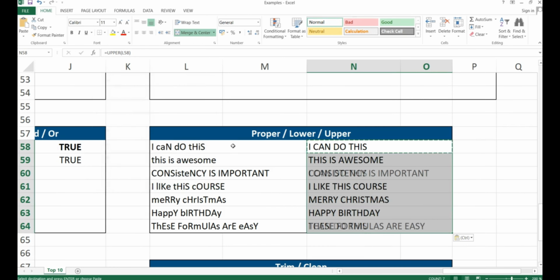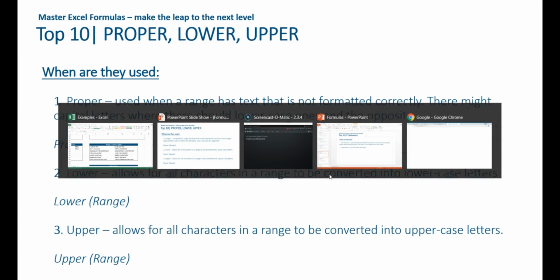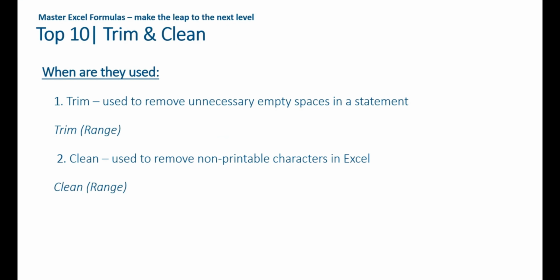Now going back to the presentation. The next two functions we have are trim and clean. Trim is a very useful function because it removes any unnecessary empty spaces in a statement, and the structure again is very, very simple.